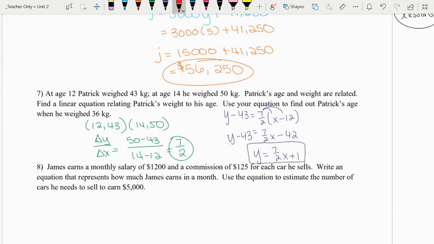Now they want us to use the equation for when he weighed 36. Weight is actually your y, so we're going to plug that in for y. Solve for x, we would subtract 1. And then to get rid of 7/2, we would multiply each side by 2.